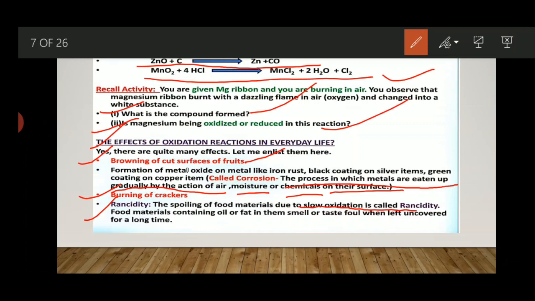Now how will we prevent our metals as well as food material from corrosion and rancidity? Let's discuss the prevention methods of corrosion and rancidity. Before that, let's see some examples of corrosion which we observe in our day-to-day life.